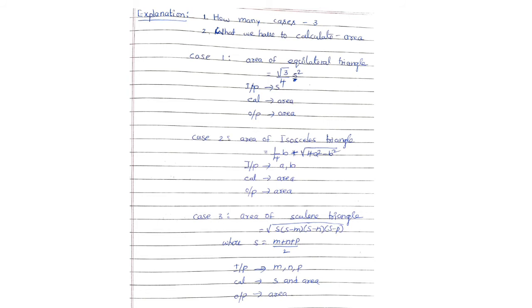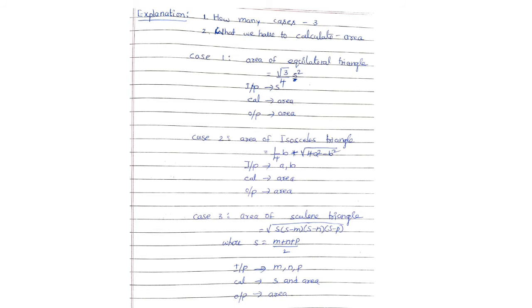That's why in this case the input is s, and we have to calculate the area of the equilateral triangle by using the given formula, and we have to display the area in the first case.